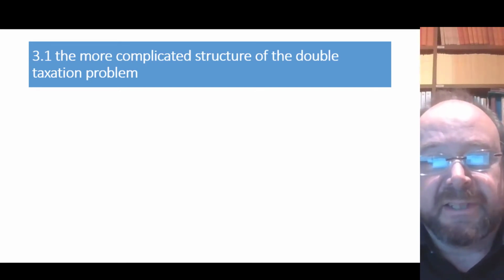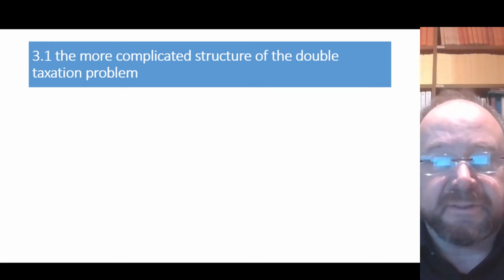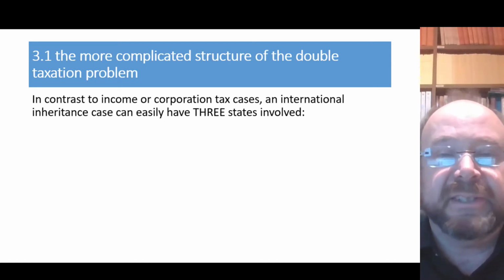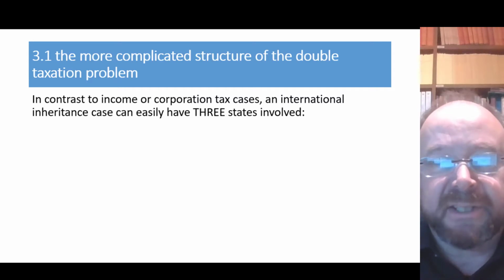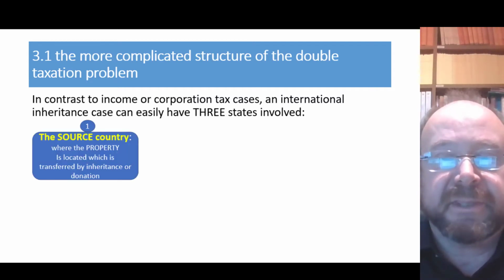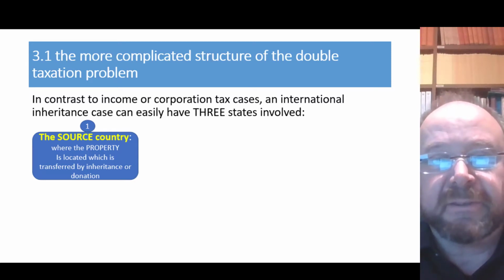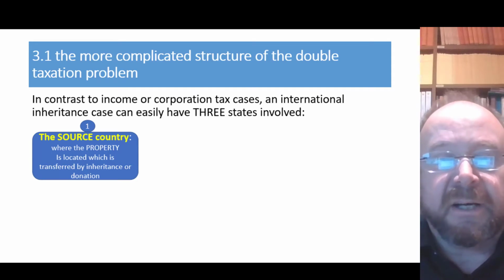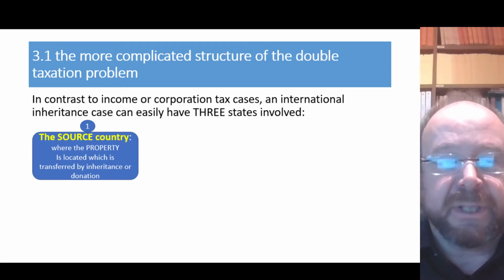In contrast to income and corporation tax cases, and that's the important difference, we have potentially three states involved in a cross-border case. We have the source country of the property, so where the property is located, let's say it is a house somewhere in a faraway town.